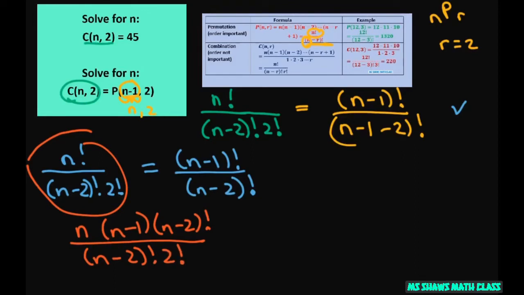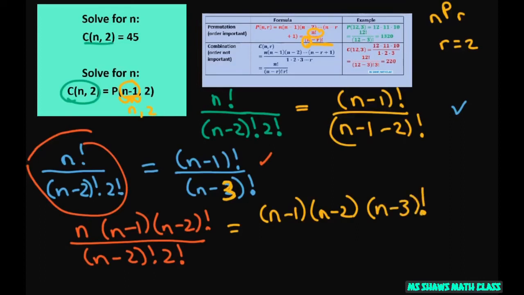Okay, and this one, we do the same thing. So this one's going to be equal to n minus 1 times n minus 2 times n, oh, this should have been 3, sorry, n minus 3 factorial. Remember, you always take the denominator, divide it by n minus 3 factorial.